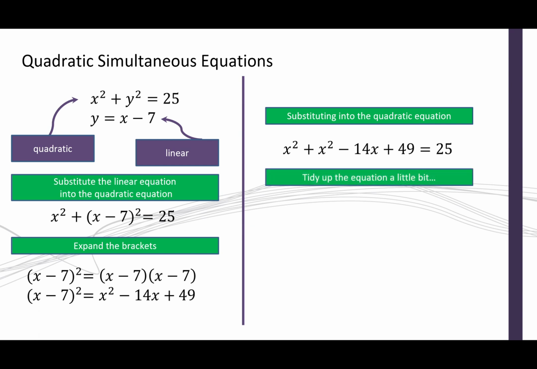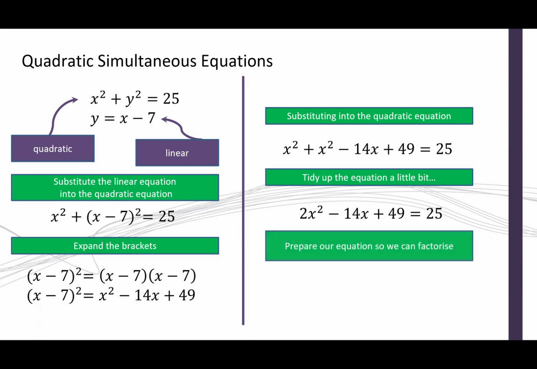We're now going to tidy up the equation a little bit. This means we're going to add together our like terms and prepare our equation for factorizing. x squared plus x squared gives me 2x squared minus 14x plus 49 is equal to 25. To factorize our equation, i.e. to solve for our two values of x, we need our equation equal to 0.